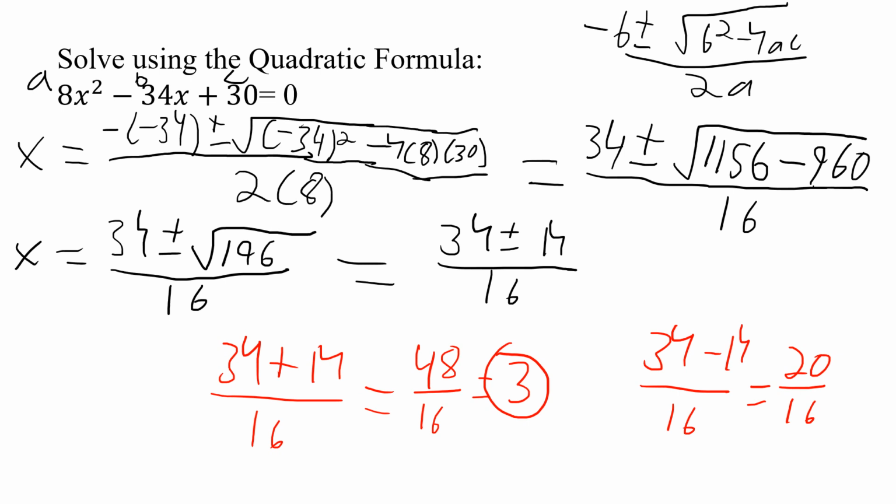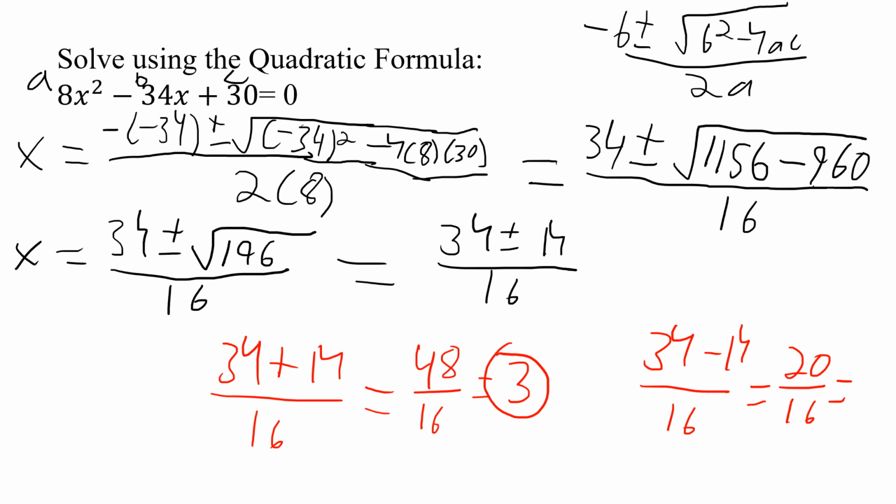well, we can simplify that, and we can do that by taking a greatest common factor out of both. So factors of 20 include 1 and 20, and 4 and 5, and 2 and 10. Factors of 16 include 2 and 8, 4 and 4, and 1 and 16. And what we realize is that the greatest common factor, the biggest number that I just included in both of their lists, is 4.